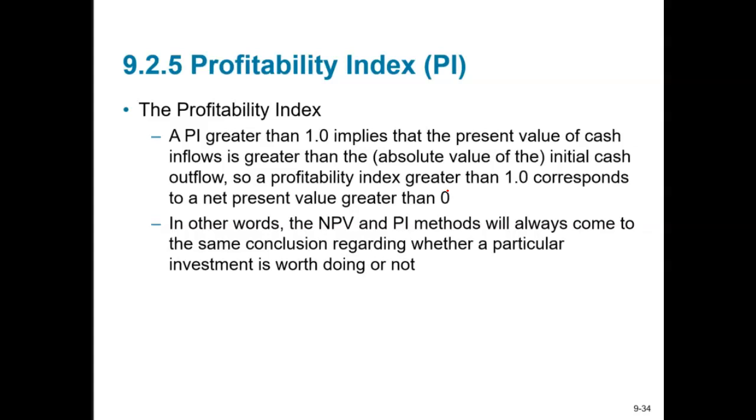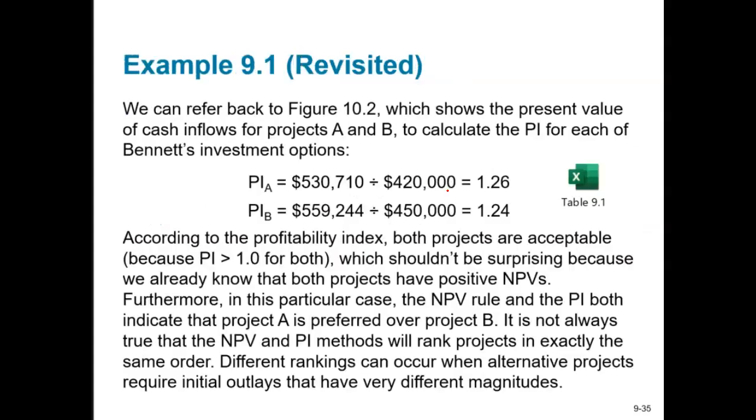Okay. So if we go to the Bennett data, the Bennett investment options, if we use the profitability index, so simply take the present value and divide by the cash flows, you will get a PI of 1.26 and 1.24, the same thing which we got.